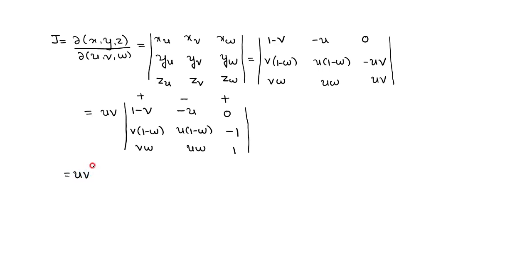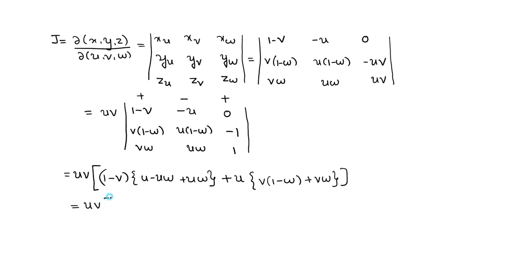So keep uv as it is. 1 minus v into the multiplication of these two, which will be u minus uw. Then the sign is minus, and with the minus it will become plus, uw. Then minus and minus u will become plus u, leaving the row and column containing that element: v(1 minus w), and here it will become plus vw.